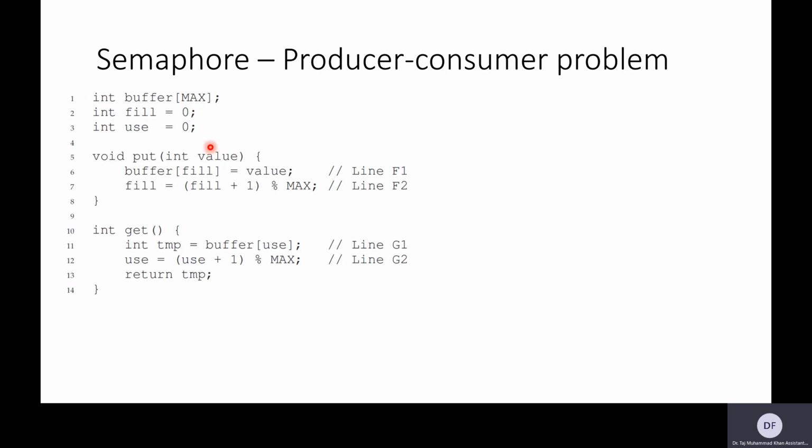So here you have a buffer, an array in which the producer will put values and the consumer will consume values from this buffer. The buffer can have any size, call it max.